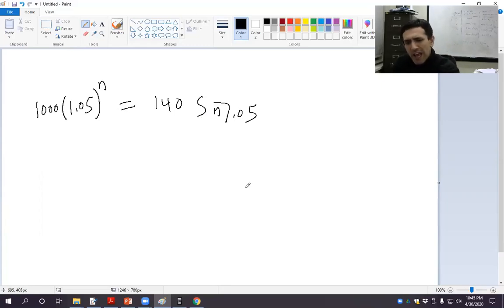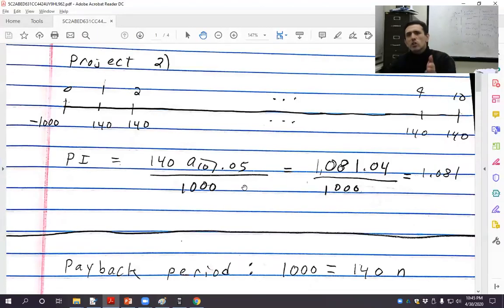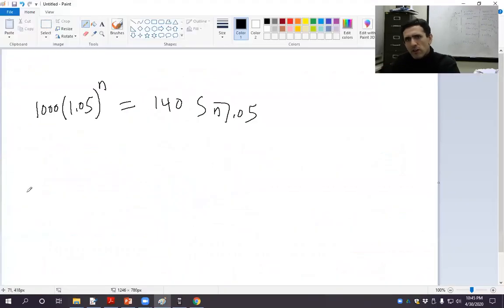So it's 140 s_N at 0.05. That's the accumulated value after investing the 140 for N years, and the 1,000 times 1.05 to the N is what the 1,000 would accumulate to after N years if we just forego the project and dump this 1,000 into an account earning 5%. So again, relative to that default option of just investing the 1,000, when do we finally break even?